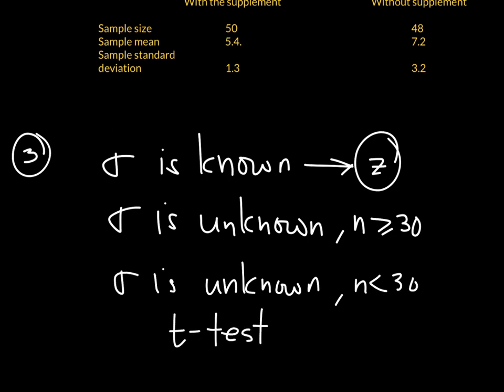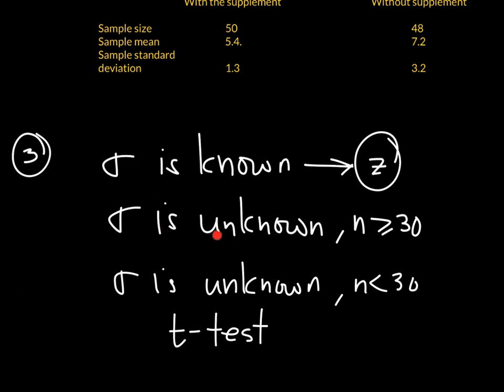So as you can see from this process, the first thing that I check is whether the sigma is known. Because when the sigma is known, regardless of the sample size, you have to use the z-test. Okay, so a common mistake is that people start to consider the sample sizes without considering whether the sigma is known or unknown.